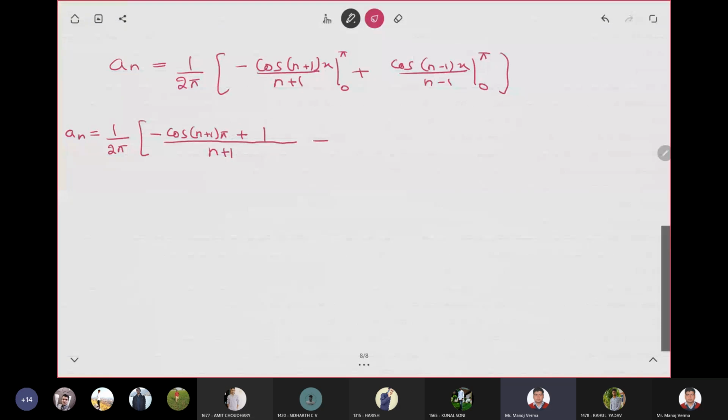Similarly, in this case also it will be cos (n minus 1) pi upon n minus 1, and it will be minus cos 0. Cos 0 will be plus 1. Right?